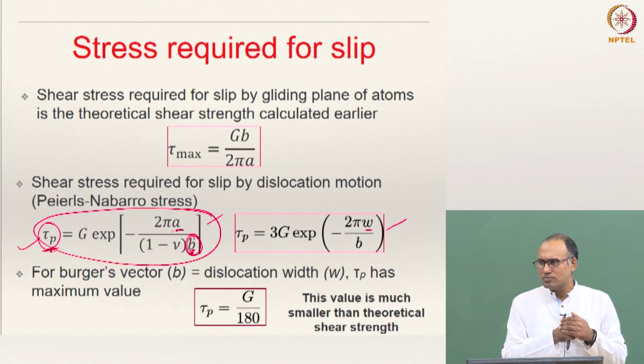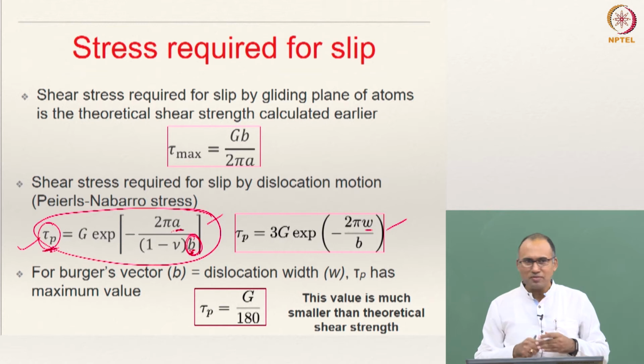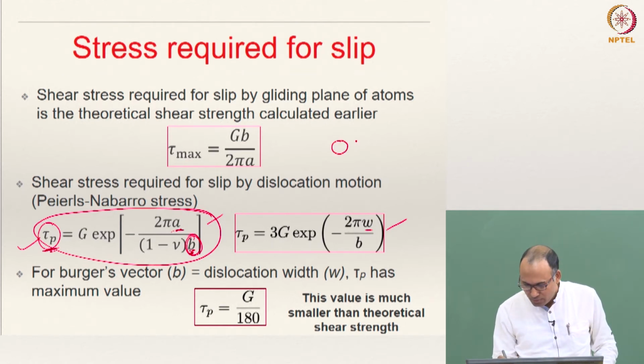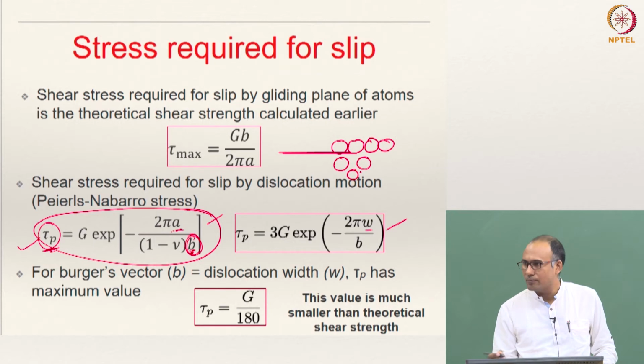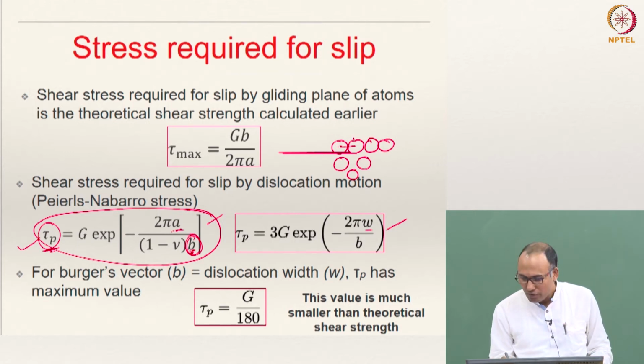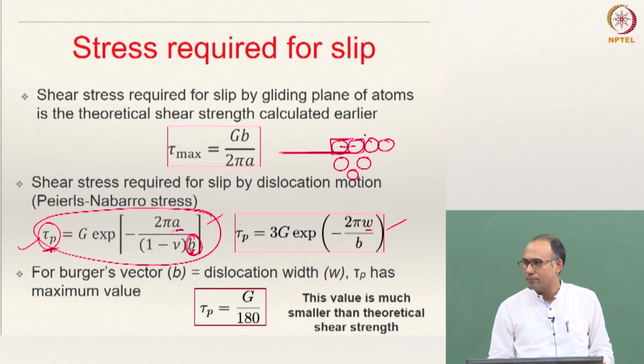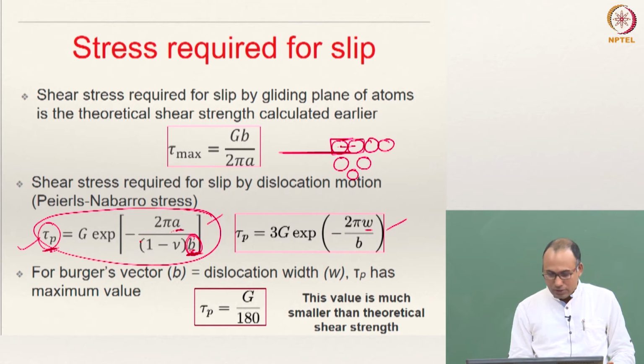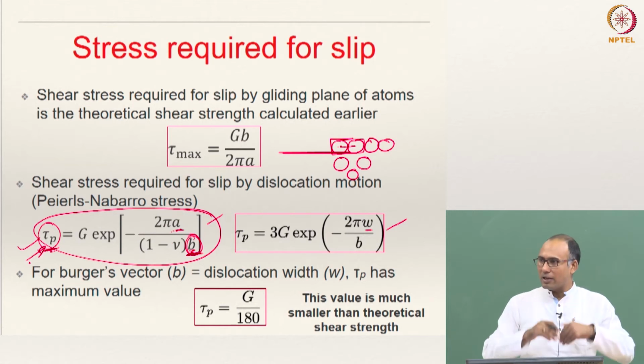No? Still sleeping. So what do you mean by close packed direction? The neighboring atoms are touching each other, right? If it is not close packed, they will be spaced apart like that. So the distance between two neighboring atoms will be minimal when it is close packed. Why should that be minimum? If that is minimum, then your tau p will be less.